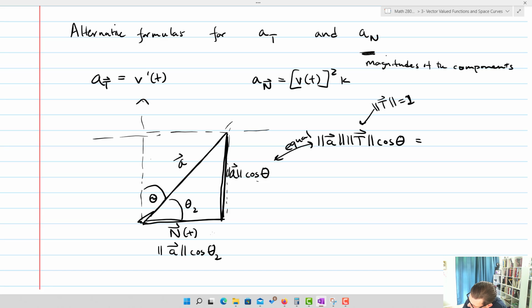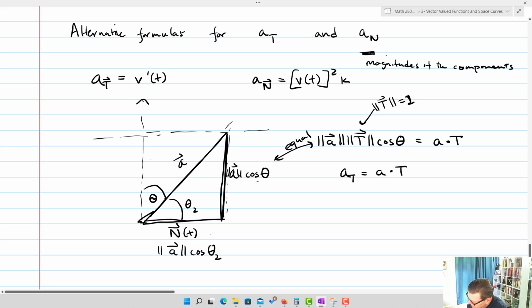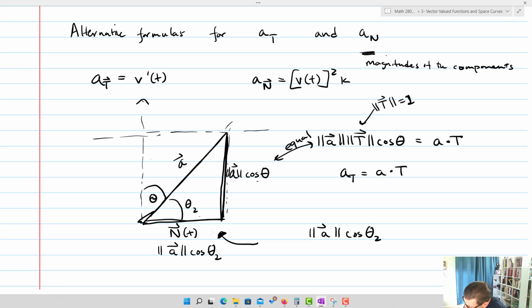And this thing here is a dot t. So the magnitude of our component, a sub t, is actually going to be just a dot t. If we go down here and now utilize theta 2 as the angle between a and n of t, we get that a cosine theta 2 is also going to be equal to a times the magnitude of the normal vector times cosine theta 2, which is also just a dot n.